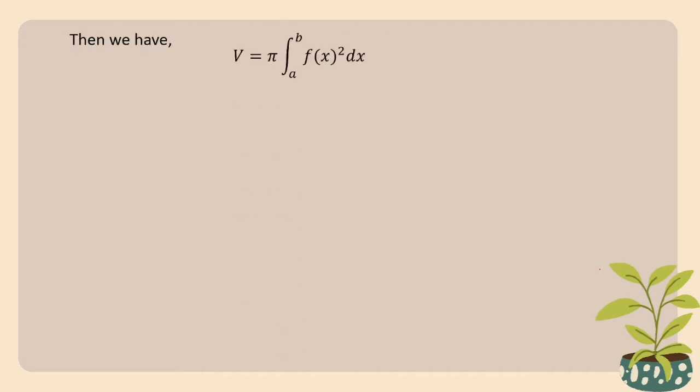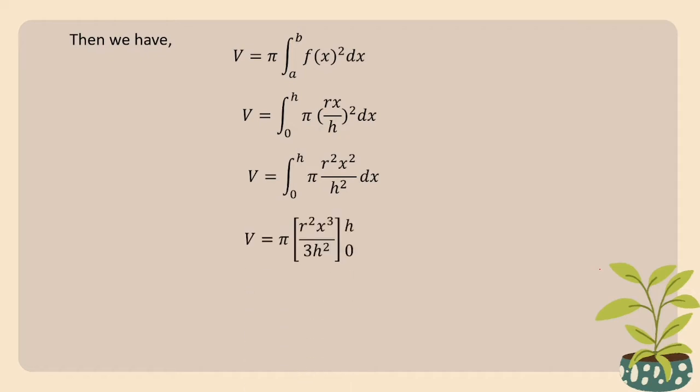Then, using the formula for the volume of the disk, we substitute the given values: integral from 0 to h of pi times rx over h, squared, dx. Squaring, we have integral from 0 to h of pi r squared times x squared over h squared dx. Now, using integration, we have pi times r squared times x cubed over 3h squared, evaluated from 0 to h.